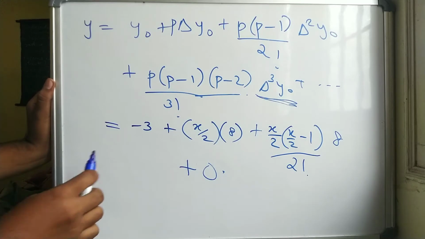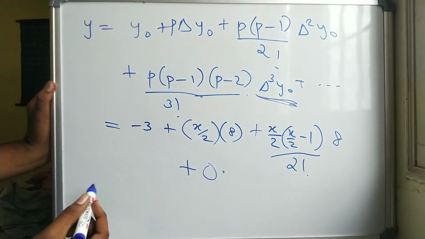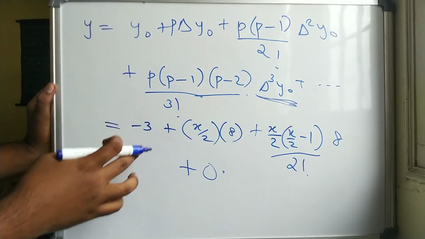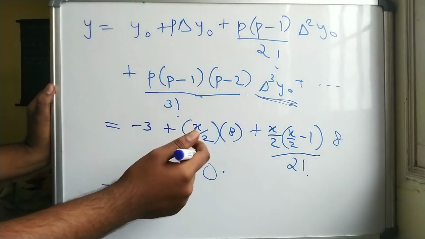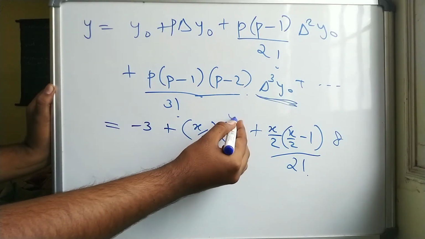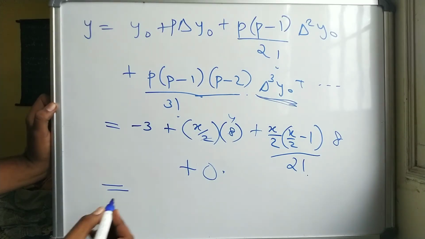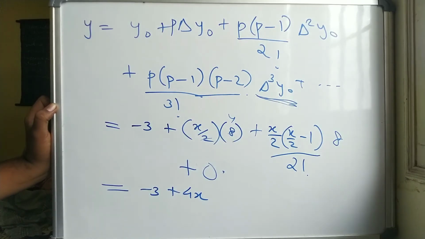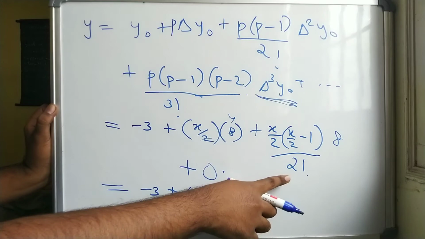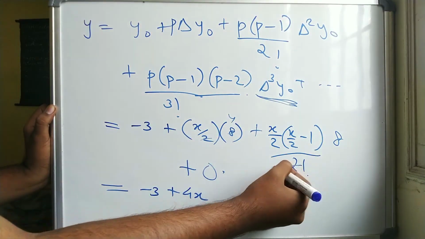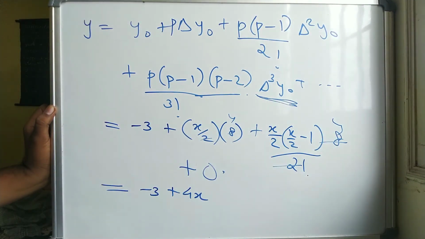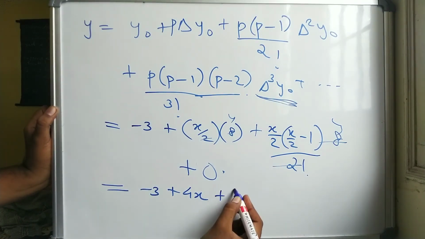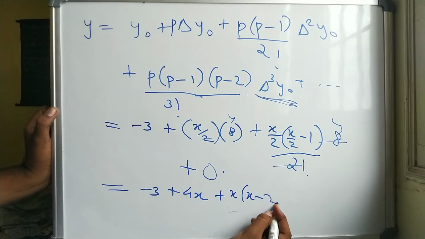Now you have to simplify these terms. You get minus 3 plus 4x, plus the second term: 2 factorial is 2, the 4s get cancelled, and you get x into x minus 2.